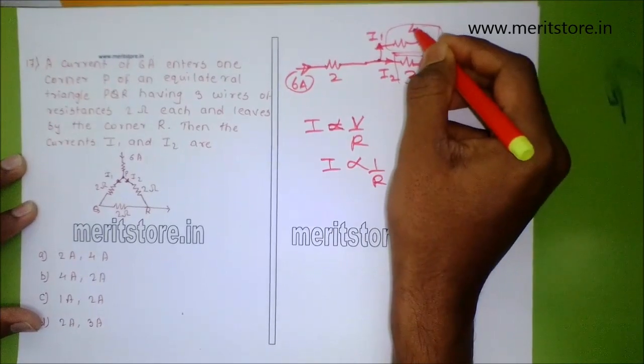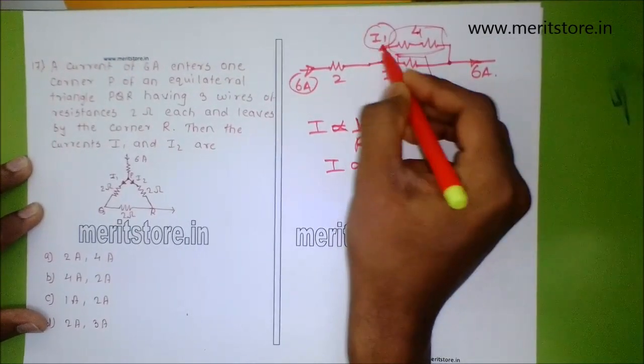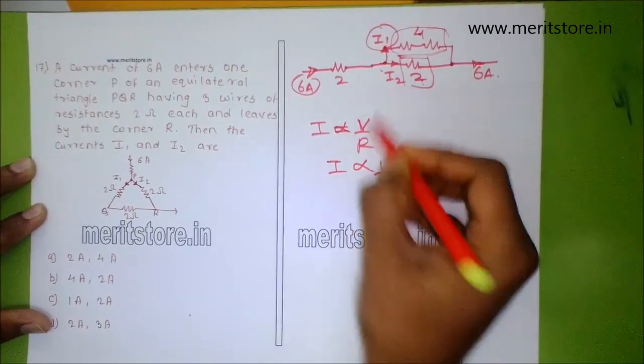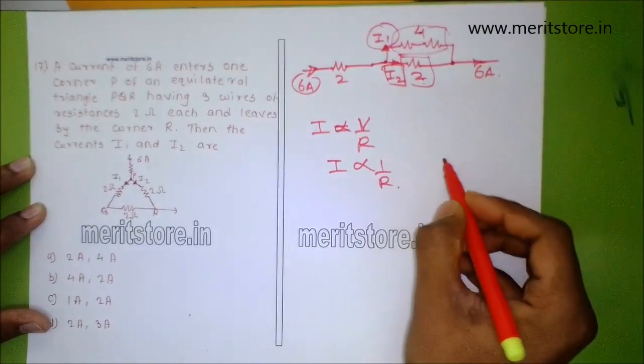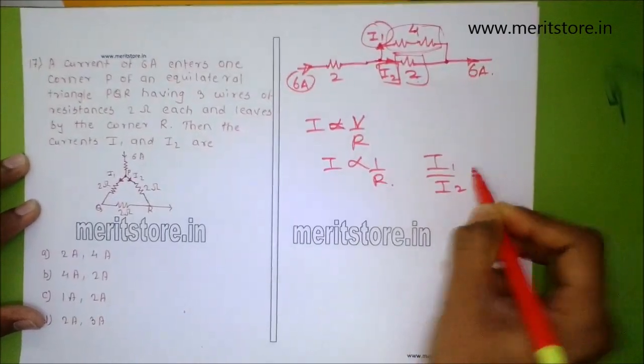Exactly, there is twice the amount of resistance in here, so the current flowing I1 would be half that of I2.